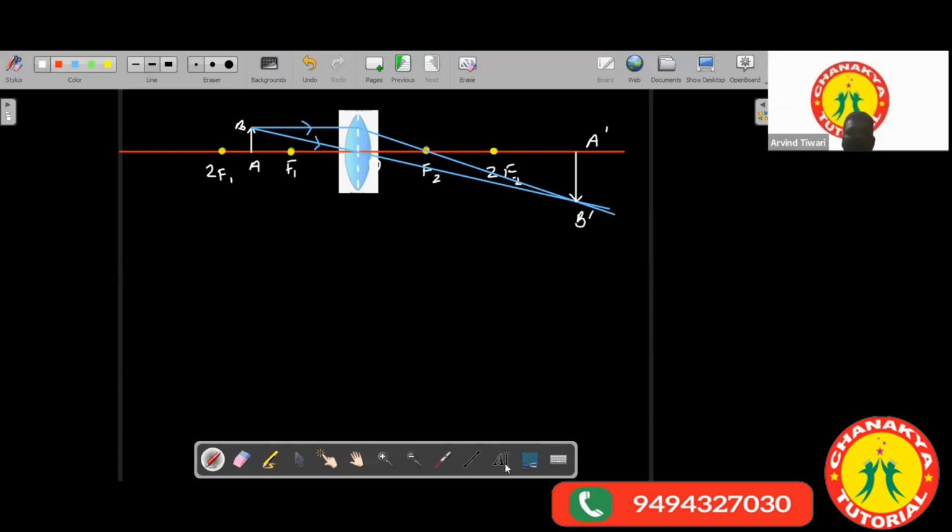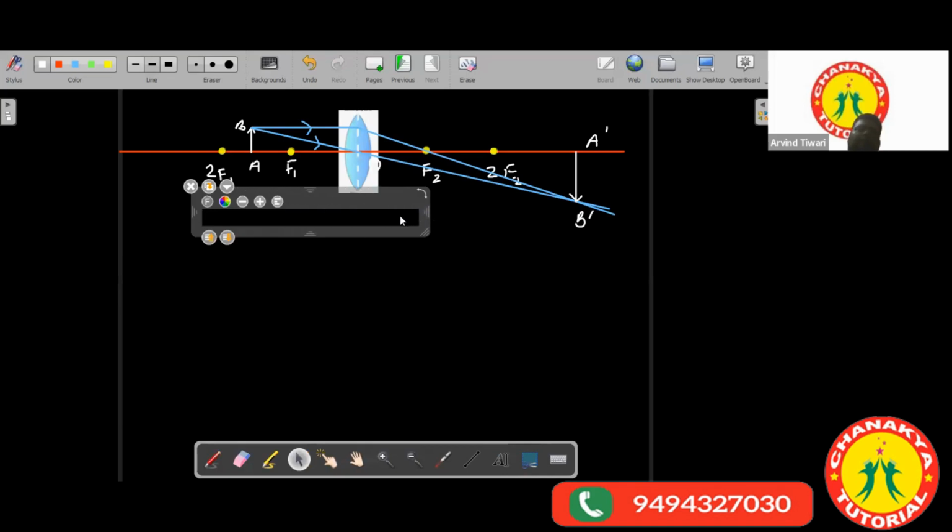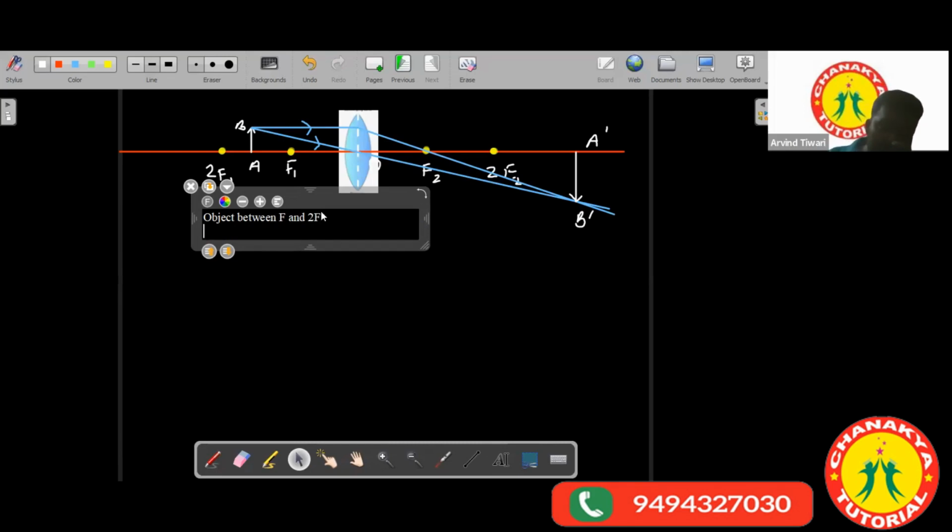Okay, it's a real image. So here, this is the special case where the object is placed between F and 2F. If the object is placed between F and 2F, you can obtain the image characteristics.